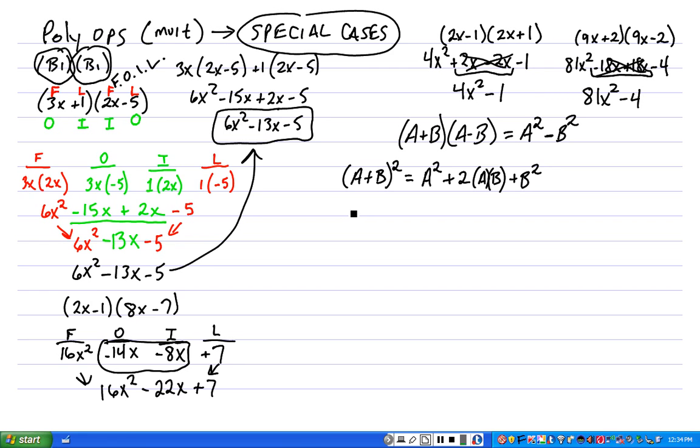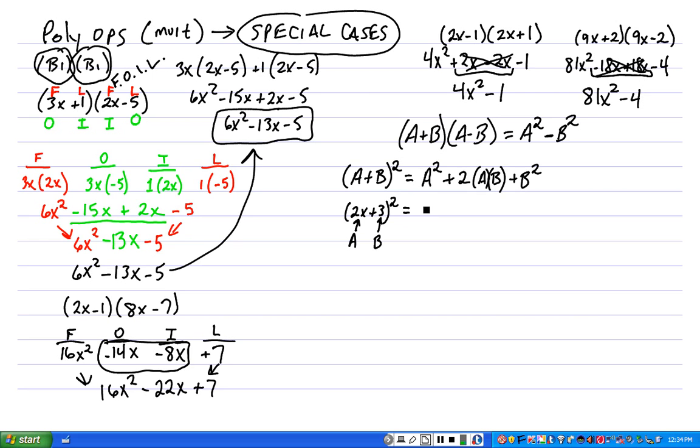So let's look. Let's say we have 2x plus 3 squared. My first term, my a, is 2x. My b is a 3. So all I'm going to do is square my a. If 2x is my a, then I square it for my answer.